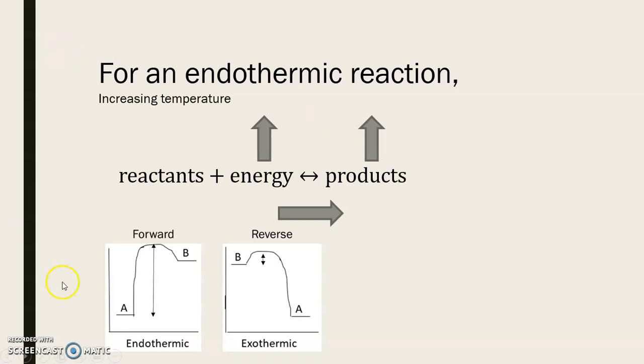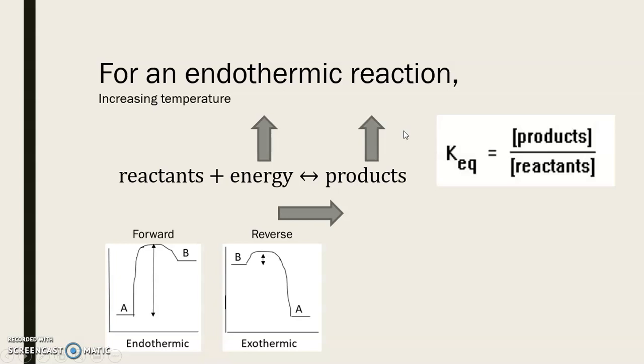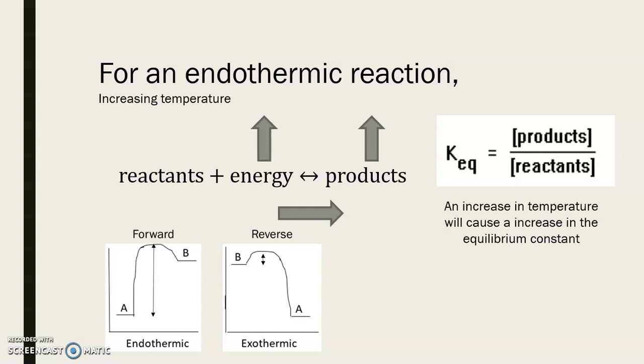In this case, the forward reaction is the one that has the large activation energy and therefore that is the one that's going to be favoured. This is then again going to result in a shift to the right and increase the number of products. In terms of the equilibrium constant, an increase in products is going to increase the numerator and thus increase the equilibrium constant.